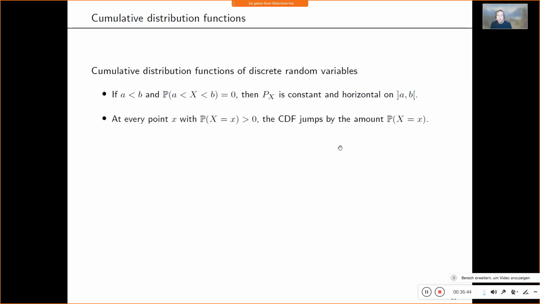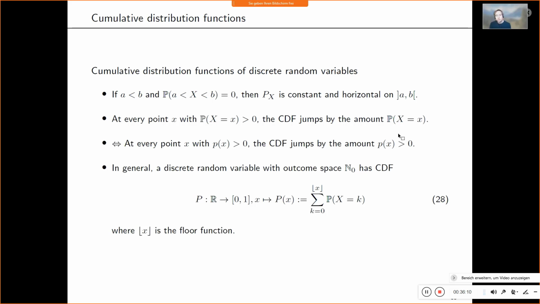At every point where this discrete random variable has a probability larger than 0, the CDF jumps, and it jumps by the amount of the probability that x takes on this value small x, which is the same as what the PMF, sorry, the probability mass function does, because that's defined as this.